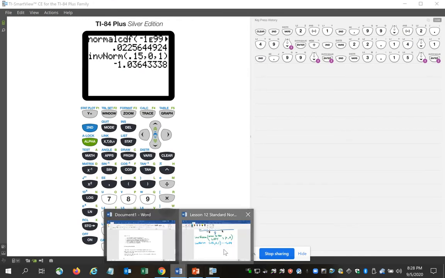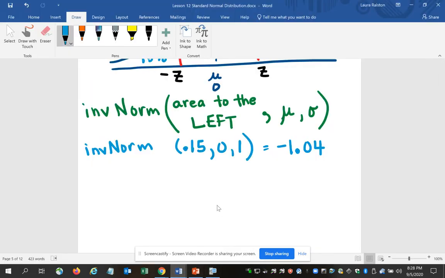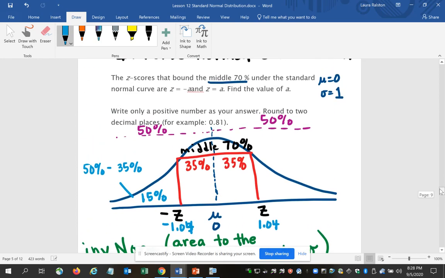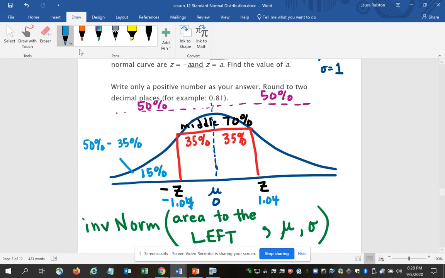Now again, because it's symmetric, that should mean that this upper one is positive 1.04. But let's double check it. Here again, guys, be super duper careful, because again, you want the area to the left. So let's think about it. To the left of this positive number, I would have 35, 35, and 15.